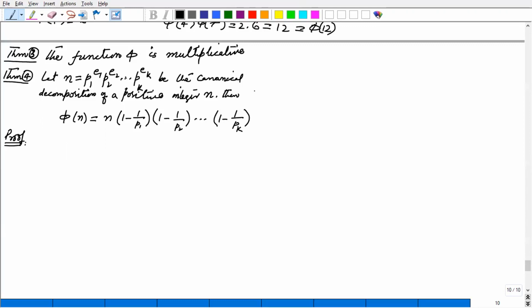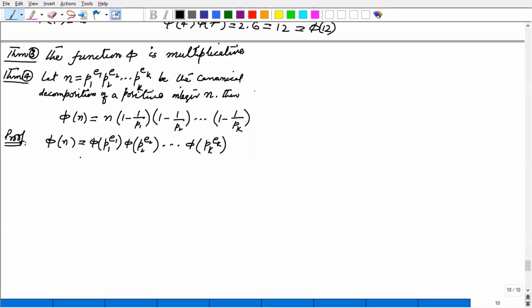By using our first theorem that we discussed today, phi of n can be written as phi of p1 to the power e1, phi of p2 to the power e2, till phi of pk to the power ek.